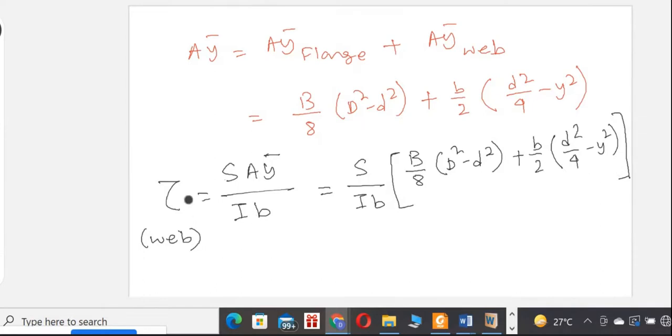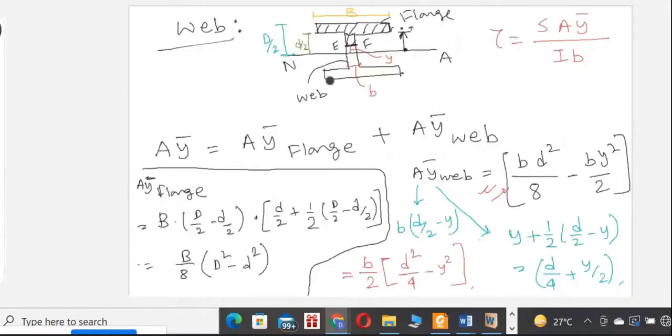So this is the tau for the web portion. Now the variable is only y. So what will be the two values of y for this web portion? Small d by 2 to 0. Very good.